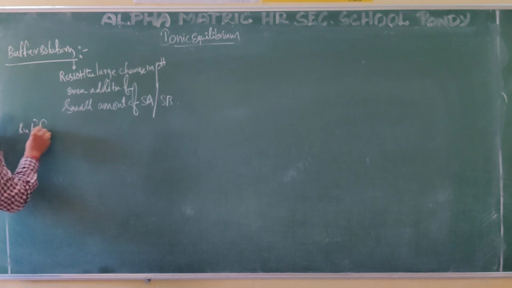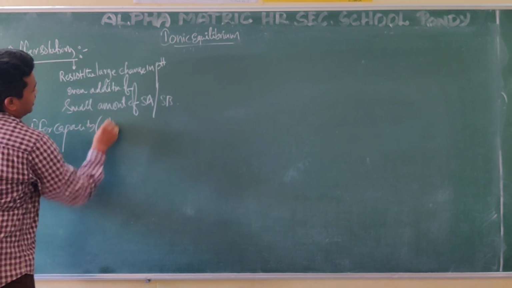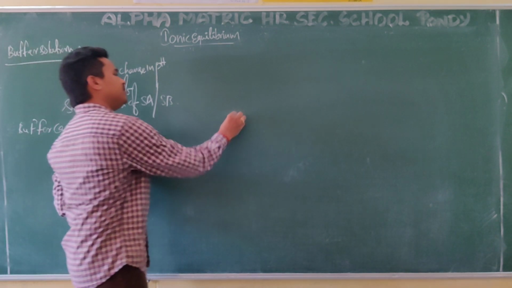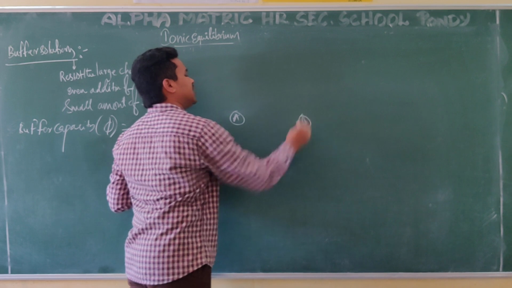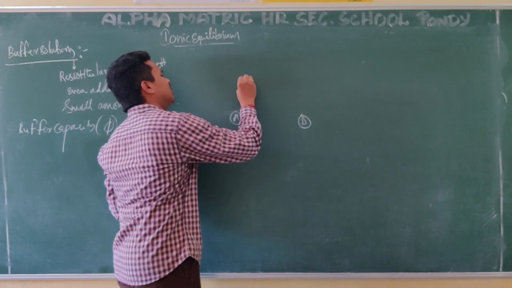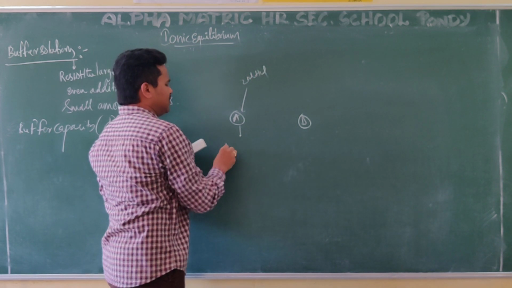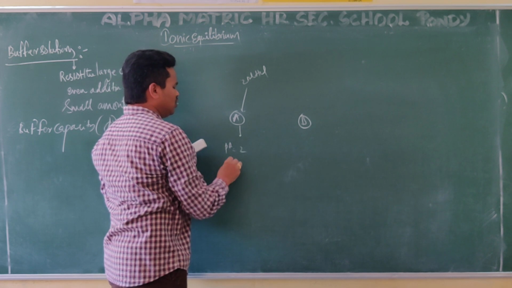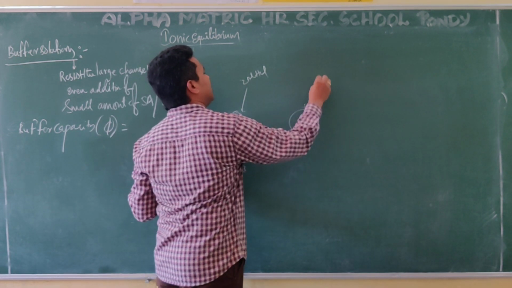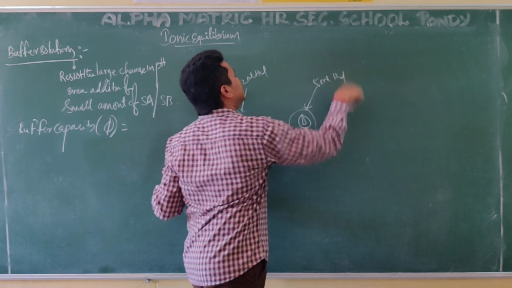The other one is called buffer capacity. We are going to represent it with psi here. What is that? A buffer solution A is there, and a buffer solution B is there. For buffer A, I am adding 2 ml of HCl. This changes the pH value from 2 to 3. For buffer B, I am adding 5 ml of HCl.